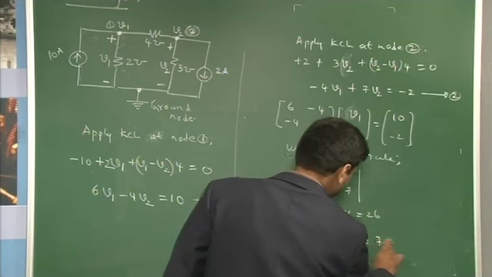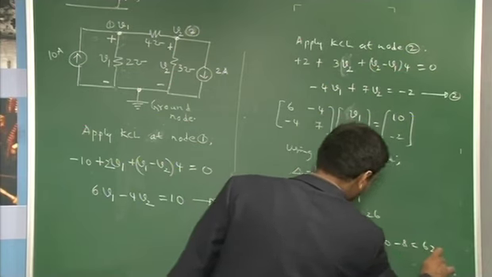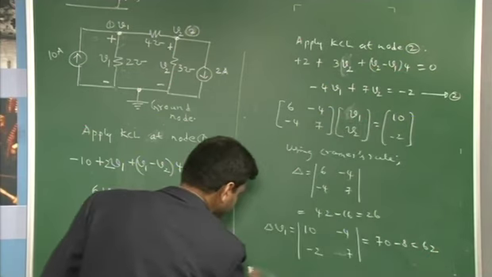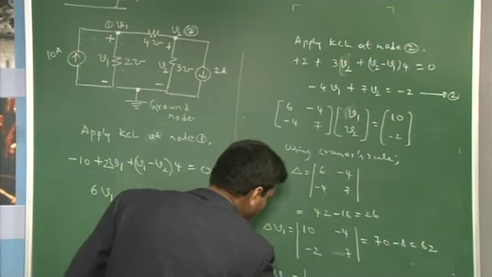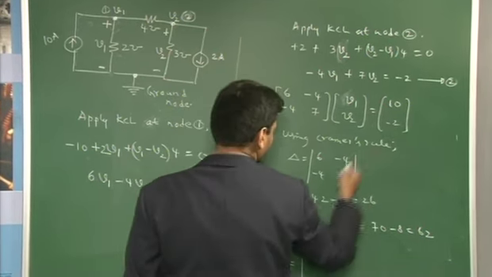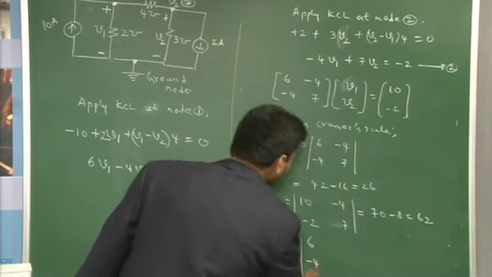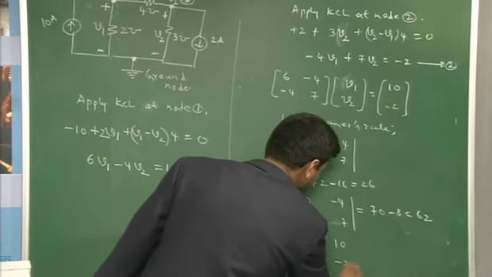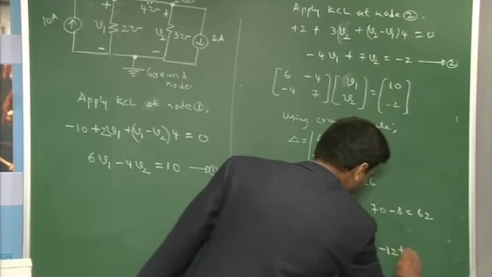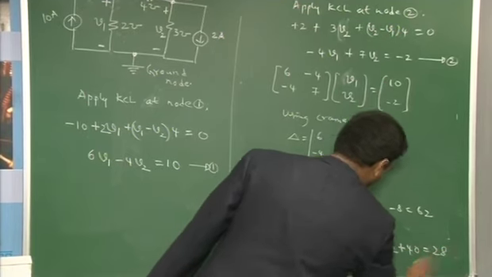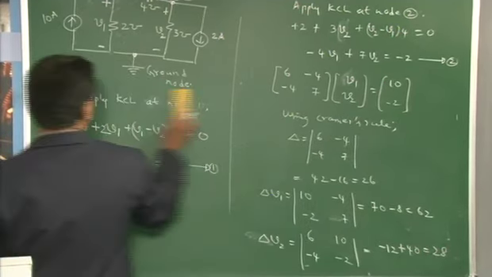This is equal to 70 minus 8, 62. Then delta V2, right hand side substituted in the second column: 6 minus 4, 10 minus 2, so minus 12 plus 40, which is equal to 28. So, how can V1 and V2 be calculated?